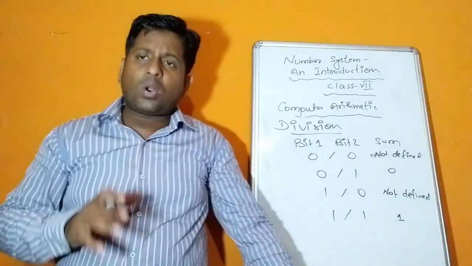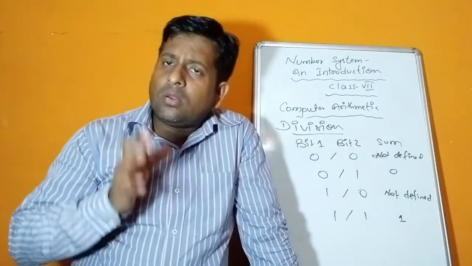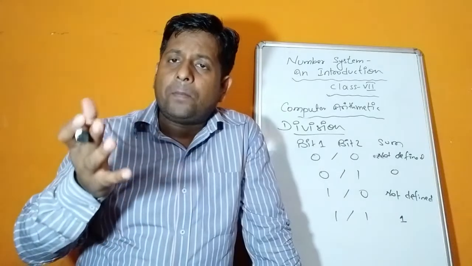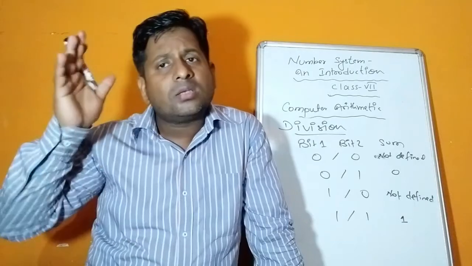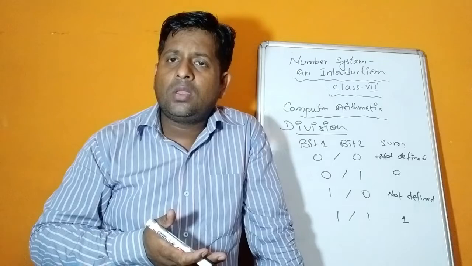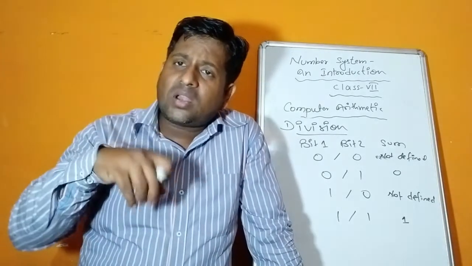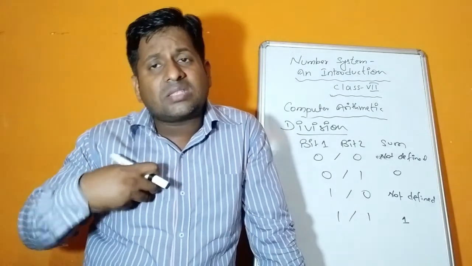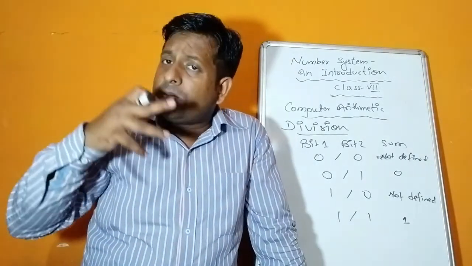So children, from here what you understood is that in case of binary arithmetic or computer arithmetic, few parts are common. For addition and subtraction you have to follow the rules, but multiplication and division are similar to the way we have learned in normal mathematics. This chapter teaches us how the machine understands our numbers and how the machine translates them into meaningful information and provides it to us.